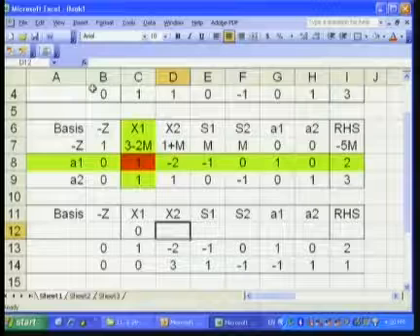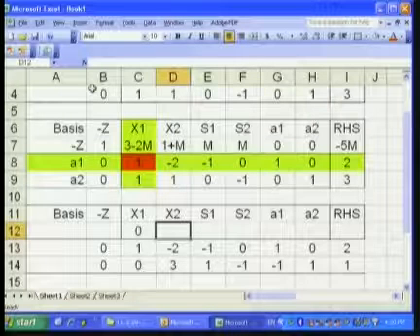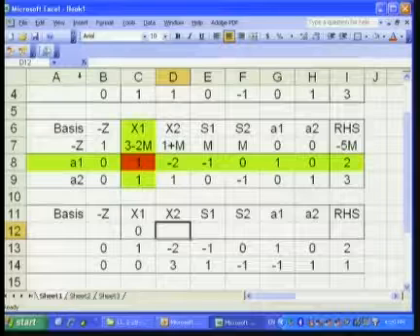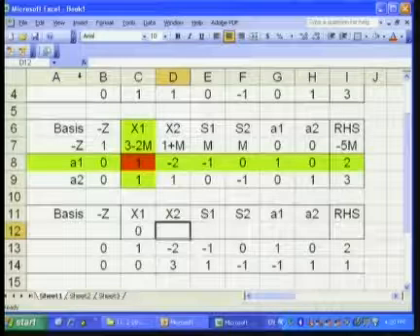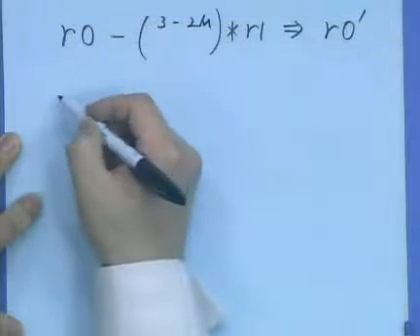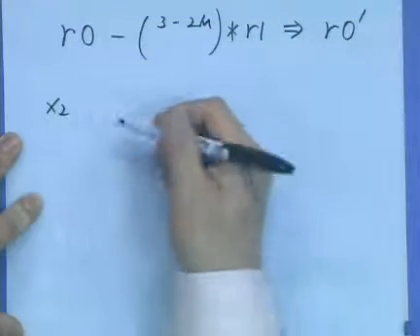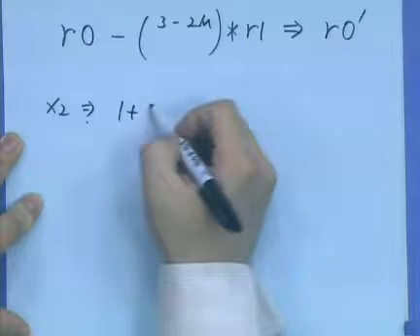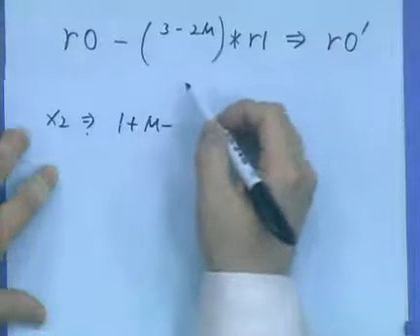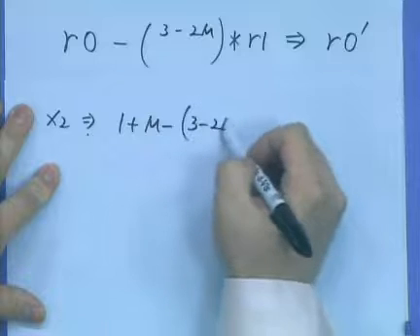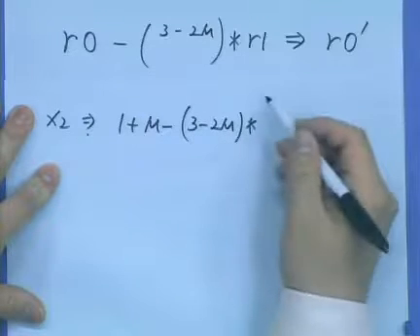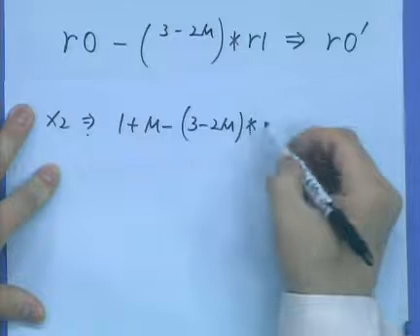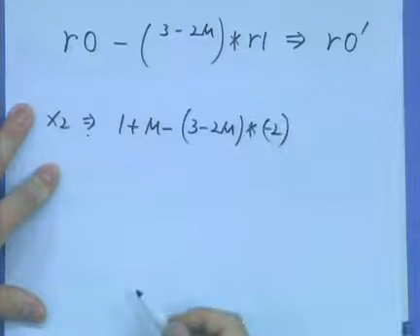Using the same formula, the x2 column would be 1 plus M minus 3 minus 2M times the first row, which is negative 2.